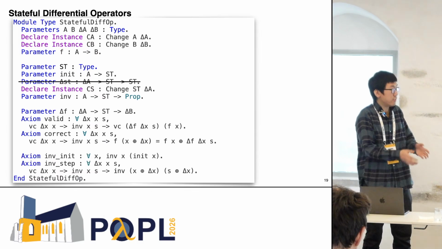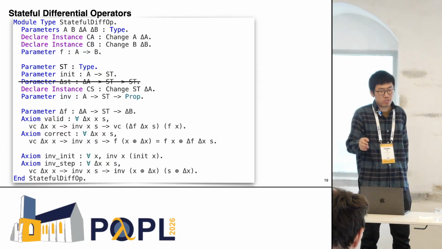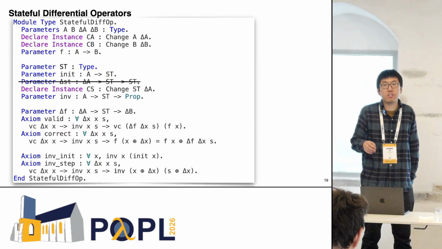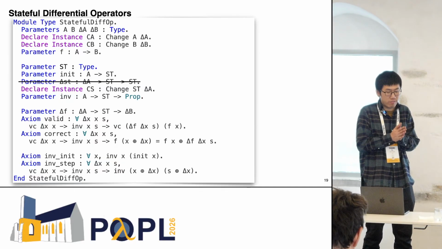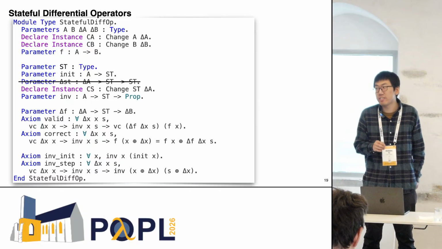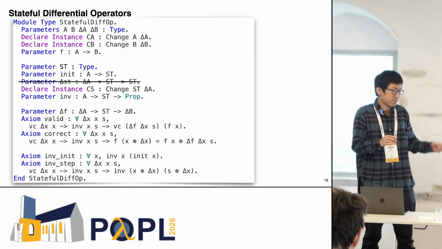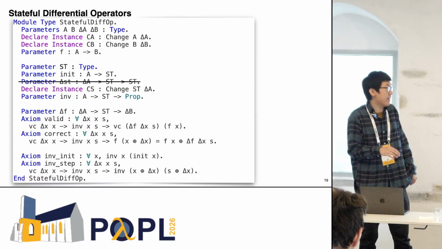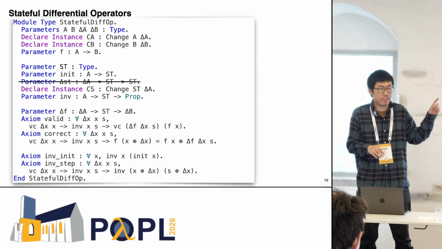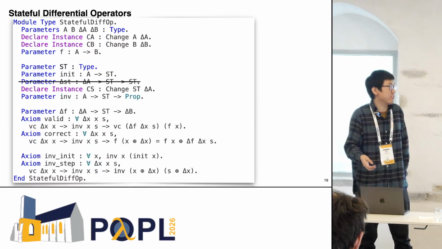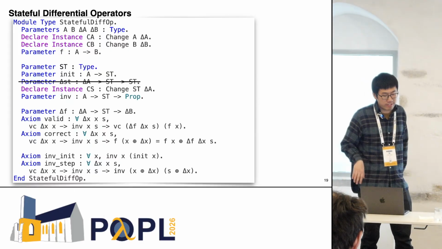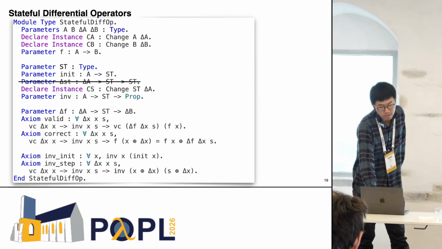This is not the end, because we also need to make sure the state is always correct in the lifetime of this operator. So the init says that the initial state is correct, and the step says that if the current state is correct, then after updating the state, it's still correct with respect to the updated input.